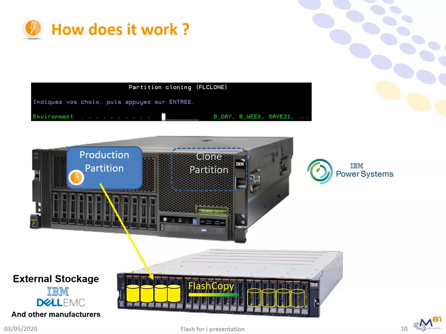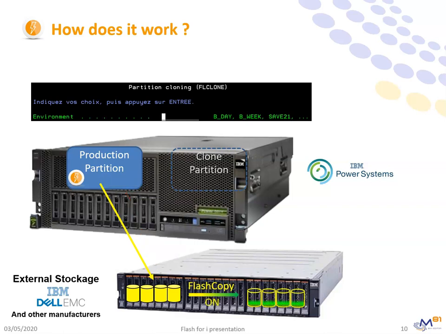On the production system, we use the command FLCLONE. That's a normal, traditional IBM i command that can be placed in any CL program or scheduler. This command will manage the communication with the disk bay and the HMC, and will run everything automatically. First, quiesce the memory to make sure that the data active in memory are copied to disk.